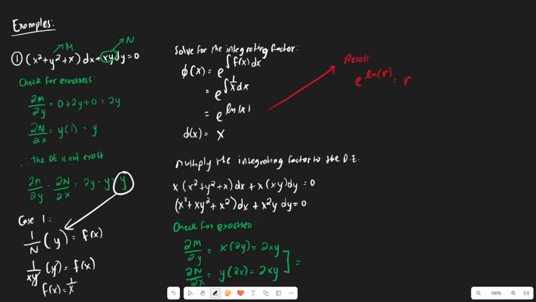They are equal. So now the dE is now exact.